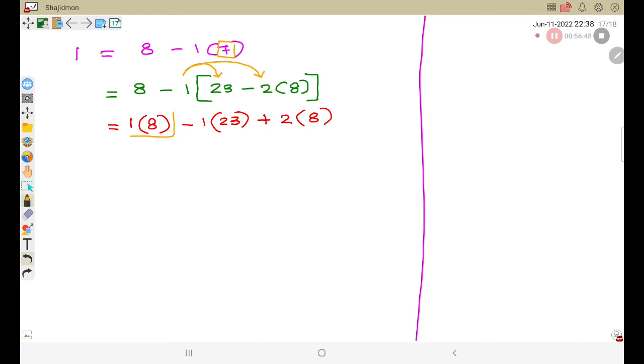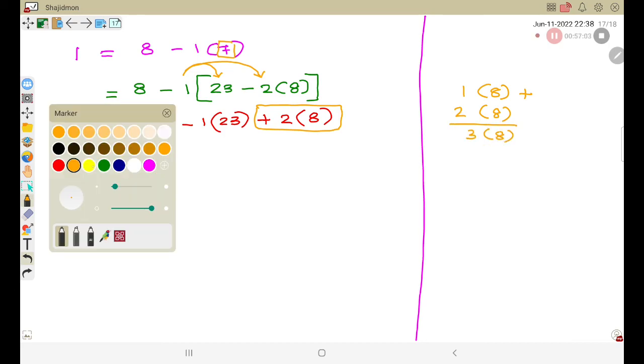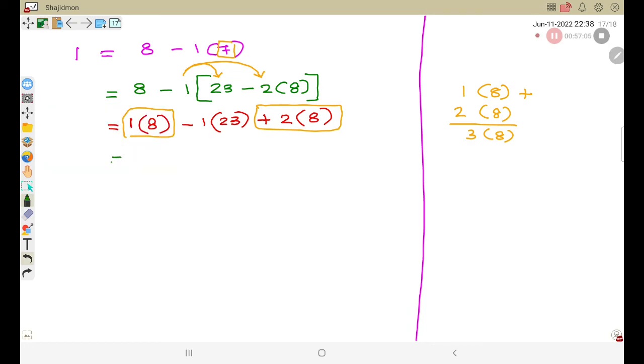Now 1 multiply 8 here plus 2 multiply 8 here, add that together. 8 only write one time, 1 plus 2, that is 3. So we can write equals 3 multiply 8 minus 1 multiply 23.